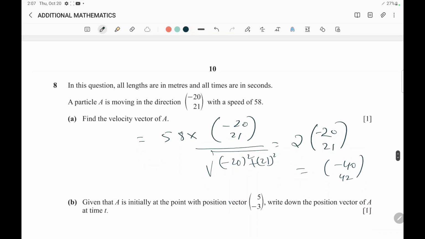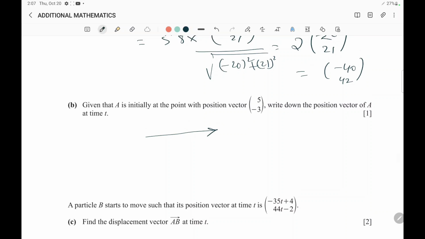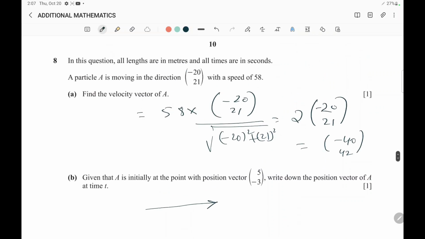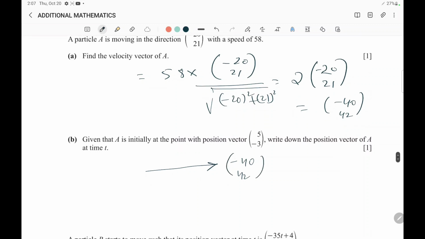A particle is moving in the direction, okay, this is the direction, guys, with the speed of this. So already velocity of A I got, minus 40 and 42, and A is initially at the point here.